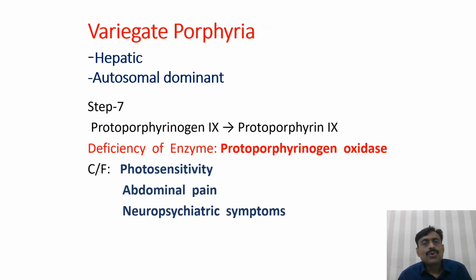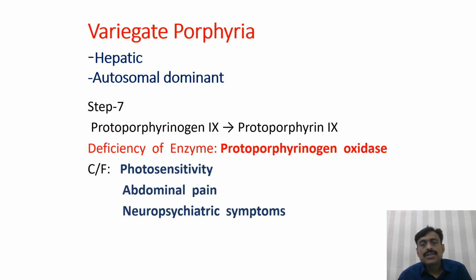Next type of porphyria is variegate porphyria. It is a hepatic type of porphyria. It is an autosomal dominant condition and it occurs due to enzyme deficiency in step 7 of heme biosynthesis. The enzyme required for step 7 is protoporphyrinogen oxidase, which catalyzes conversion of protoporphyrinogen 9 into protoporphyrin 9.